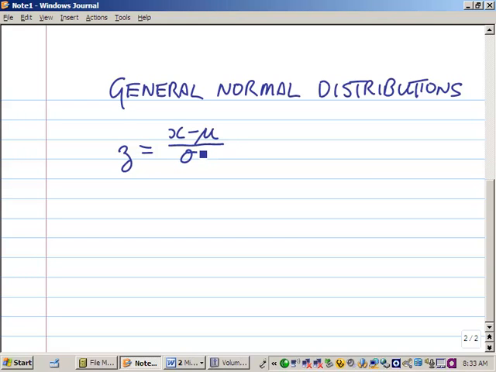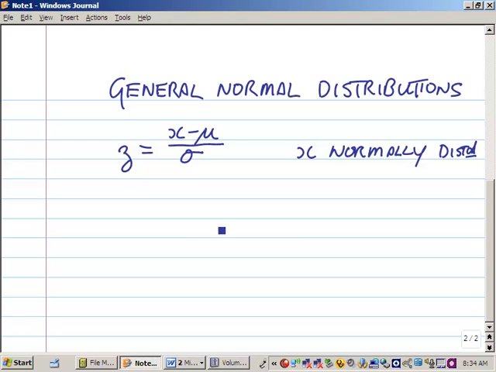So what z does is to translate any normal distribution, x normally distributed, which could have any mean and standard deviation, back to a normal distribution with a mean of 0 and a standard deviation of 1.